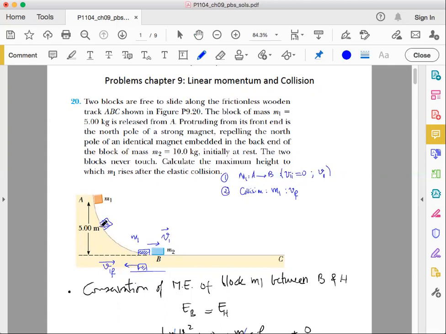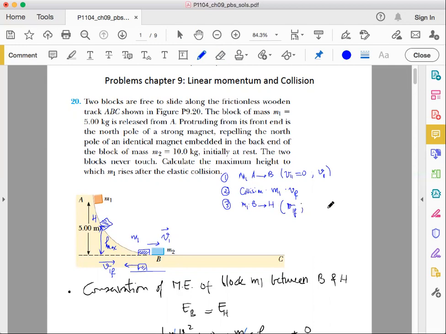So at this point, we're going to call it H, and this is the maximum height that it could reach. So the third step of this motion is that M1 goes from point B to point H, and it has V1 final as initial velocity because it happens right after the collision.